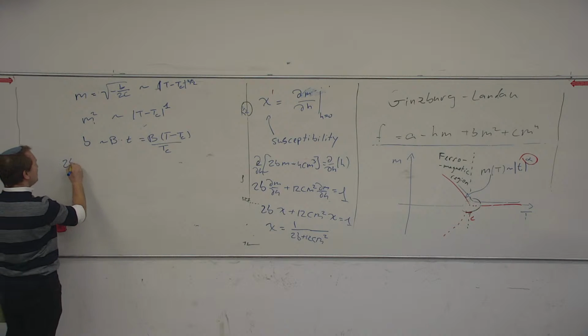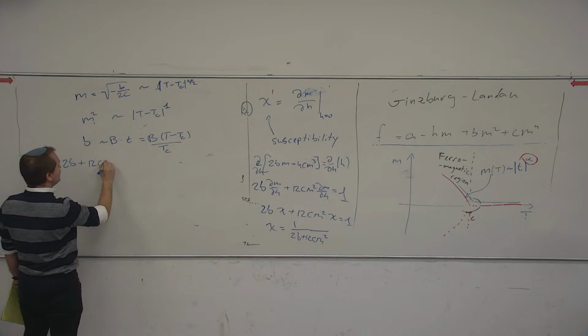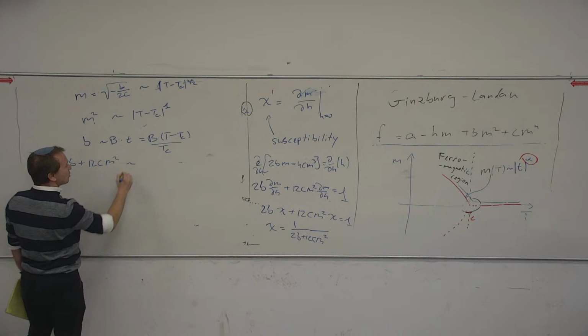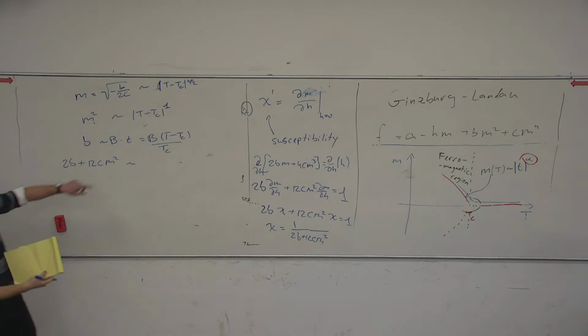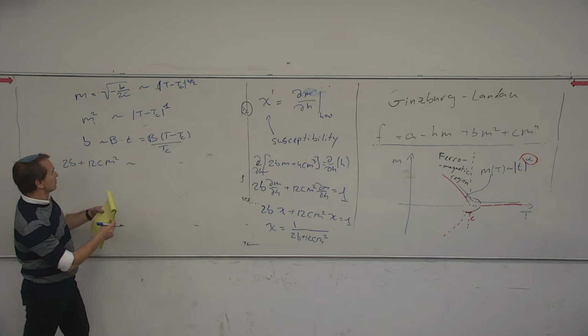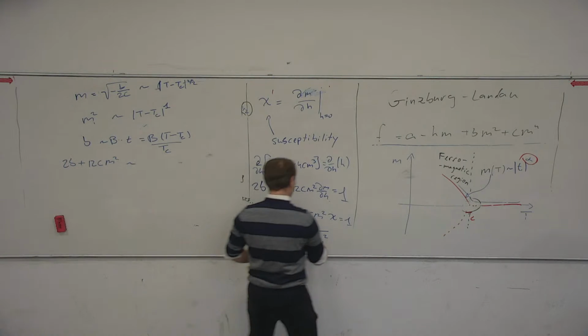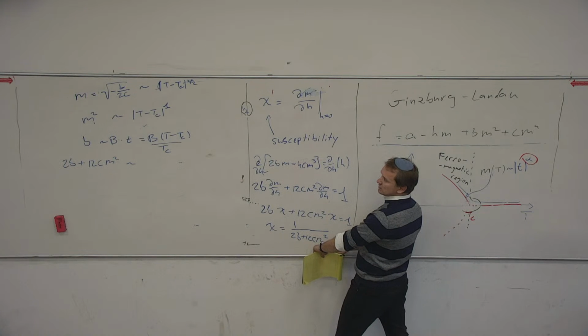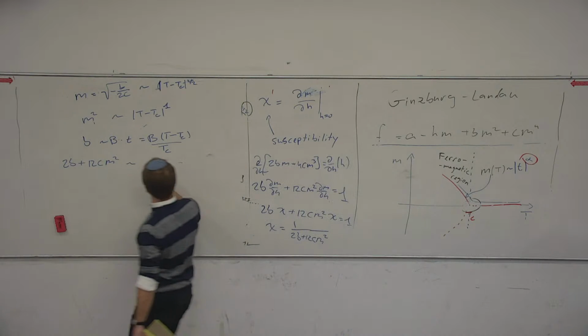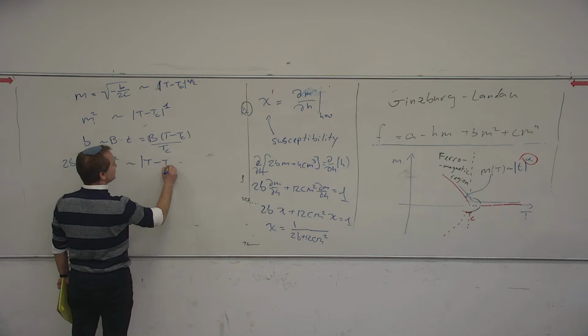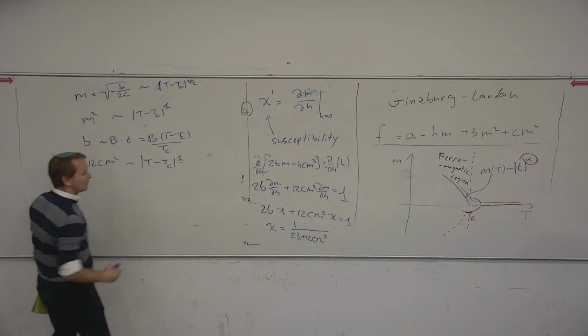So 2b plus 12c m to the second power is proportional to what? b goes as t minus tc, and m squared is also t minus tc. So all of this is proportional to t minus tc to the first power.